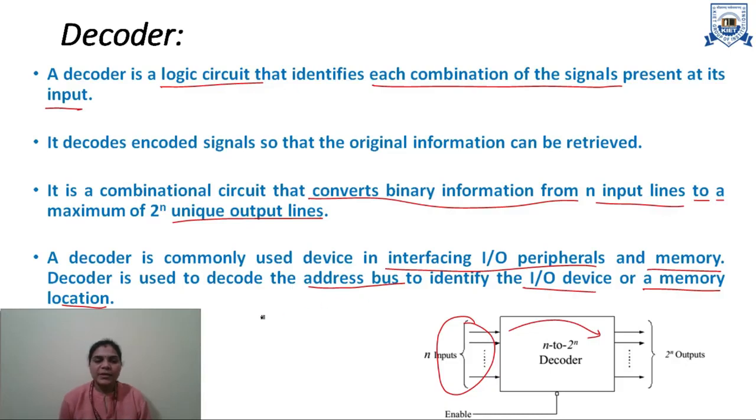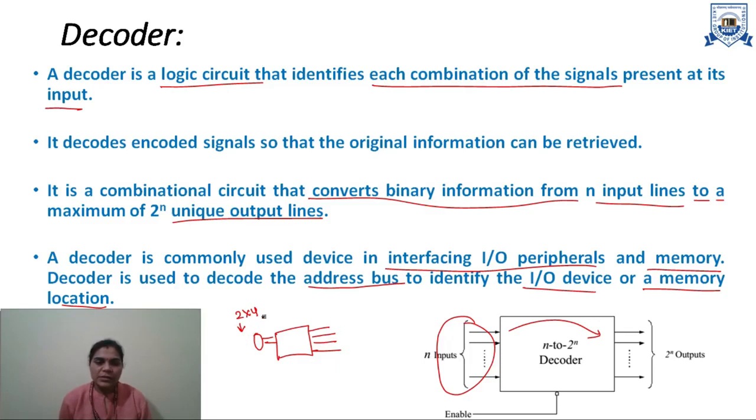For example, if we take a 2x4 decoder, this decoder will have 2 inputs and 4 outputs, and the 2-bit encoded input will be decoded to one of 4 output lines.